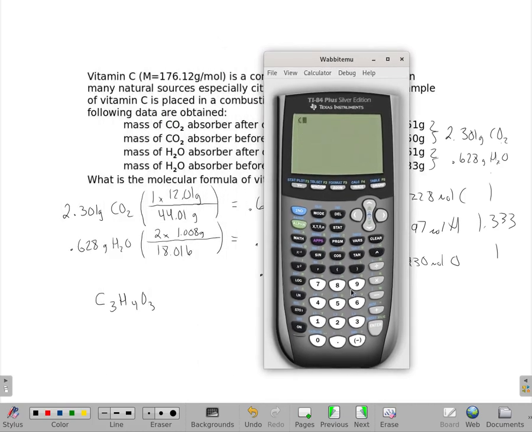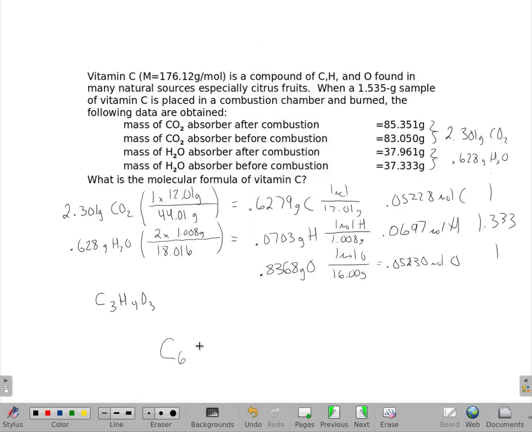So we have the 3 carbons plus 4 hydrogens plus 3 oxygens gives us an empirical mass of 88.06, and the molecular weight of 176.12 divided by the empirical mass tells us a nice little ratio of 2, which does mean that the molecular formula must be C6H8O6.